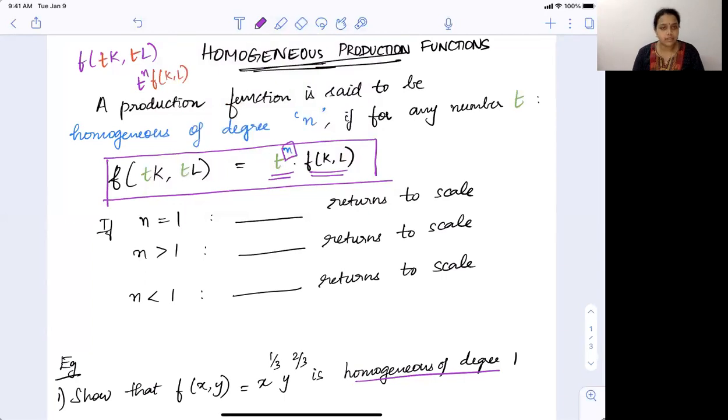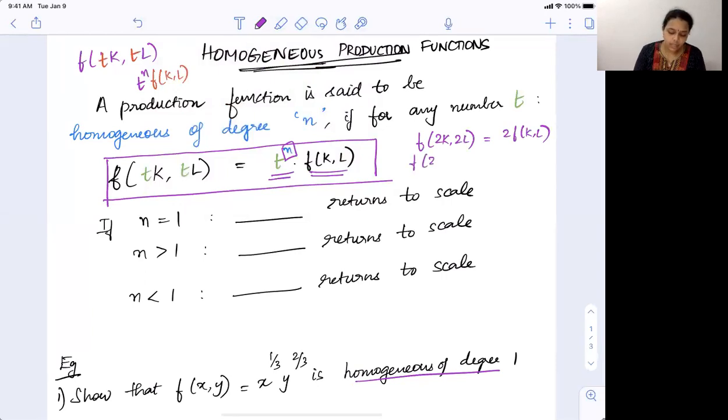So that's just the definition. For instance, if I have f of 2k and 2l, and that gives me twice the output as what I would have with the original level of inputs, then this function is homogeneous of degree 1.